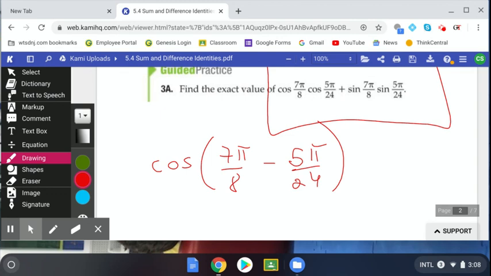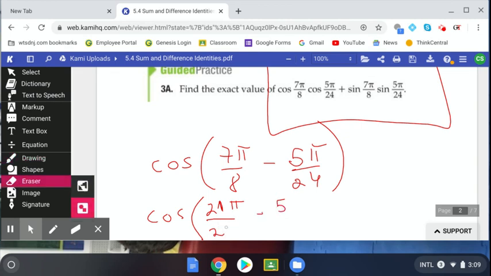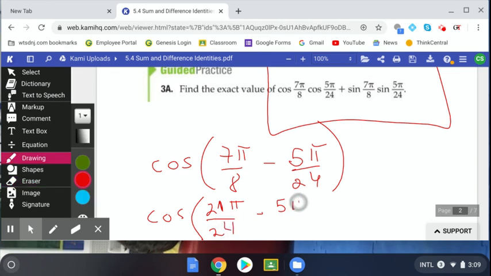Now, I can actually find a common denominator and evaluate. So this would give me cosine of 21 pi over 24 minus 5 pi over 24.